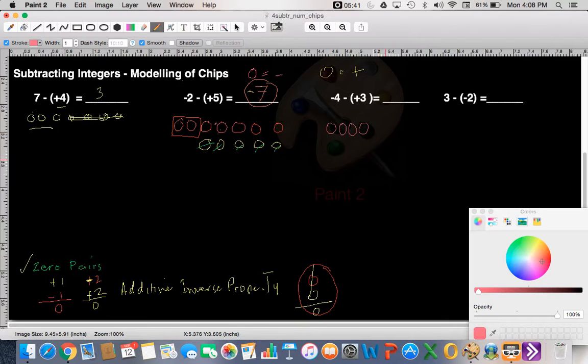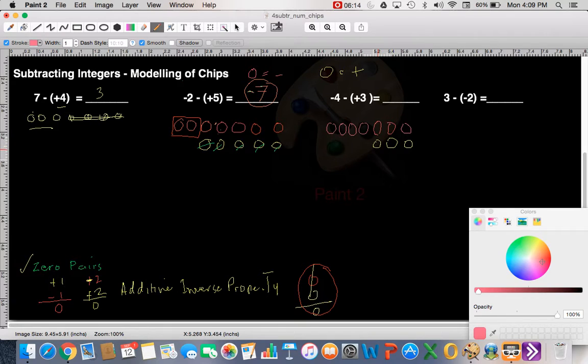But if you add 0 pairs, you're not changing the value because all of these are 0. So let's add 0 pairs. 1, 2, 3. You have positive 3, right? You are adding 3 since you are required to take away 3.